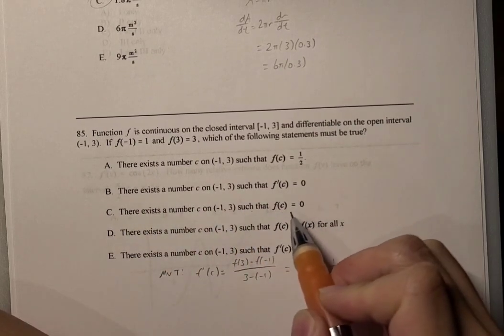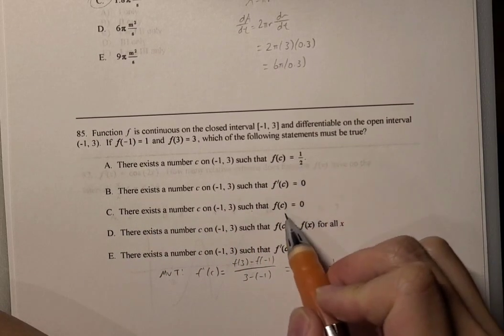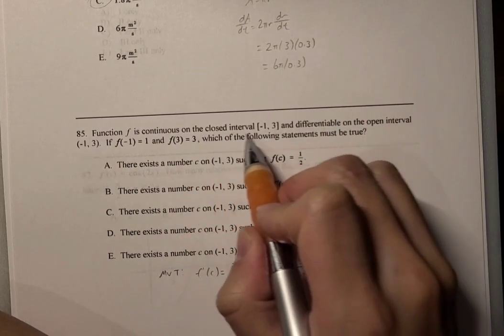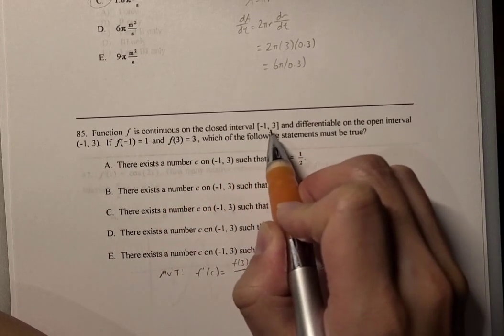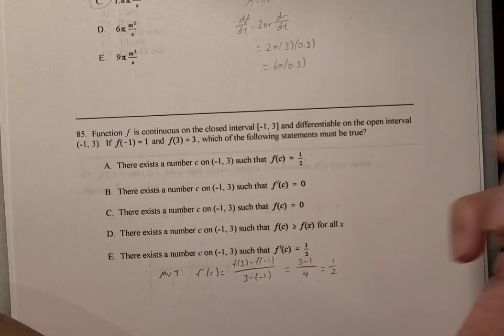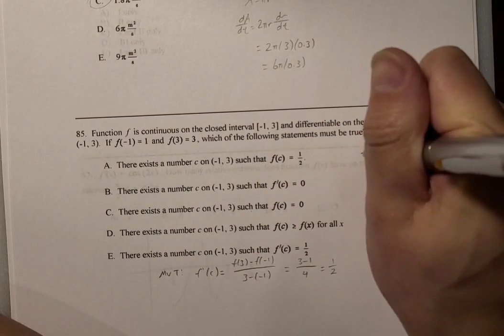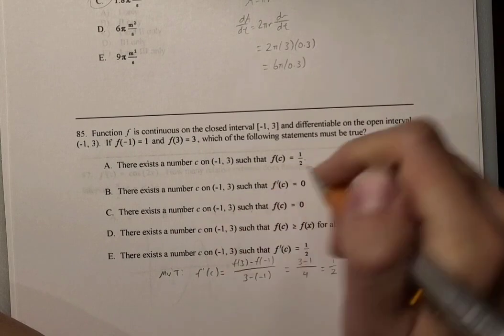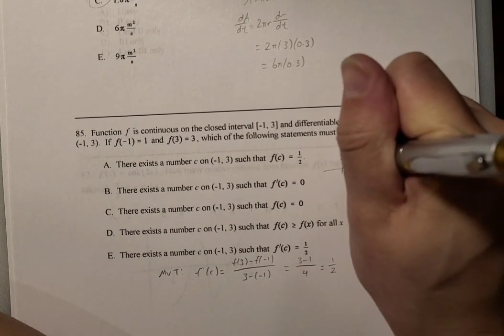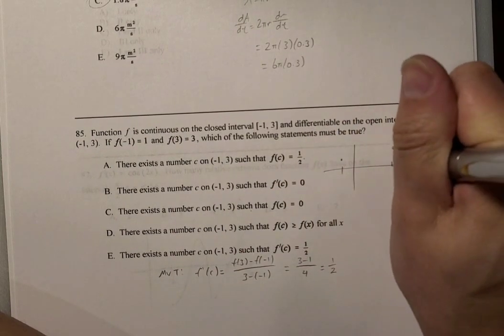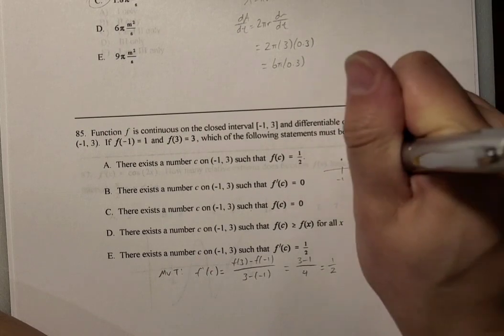This talks about f of c being some value. So what does intermediate value theorem say? It's continuous on this interval, -1 to 3, that's critical. Since it's continuous, let me even sketch. F of -1 is 1, f of 3 is 3, okay?